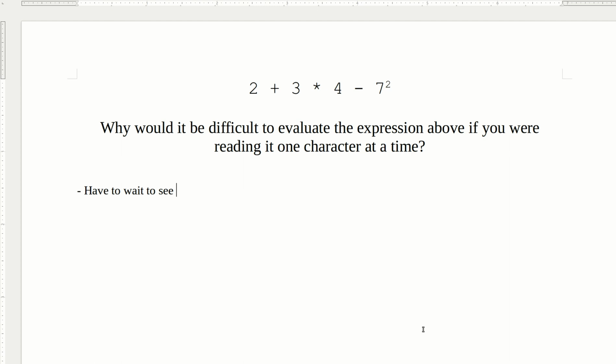So we have to wait to see the operator and both operands for plus, minus, times, and division. So for a computer trying to get one thing at a time, there's going to need to be some storage, at least temporarily, to know, okay, I saw 2, I'll hold on to that. I saw that plus is what I'm supposed to do. What am I supposed to do it with?